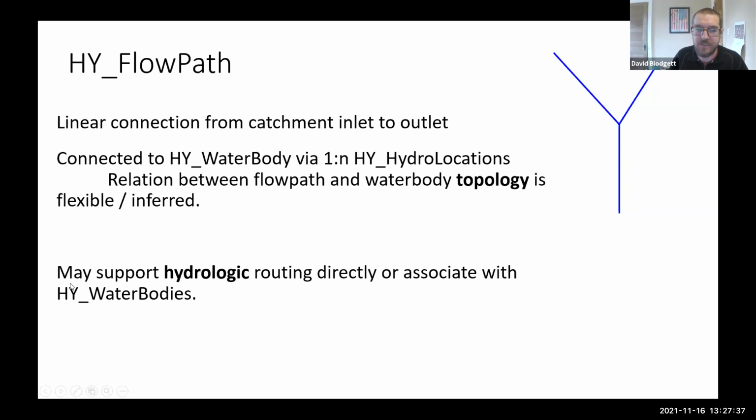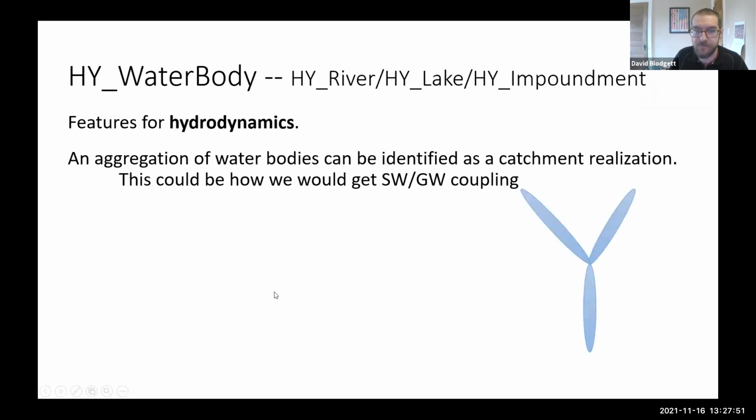You would almost always jump out and have some other channel water body kind of representation that could couple to these flow paths via hydrolocations. But typically this flow path concept is not associated with hydrodynamics.